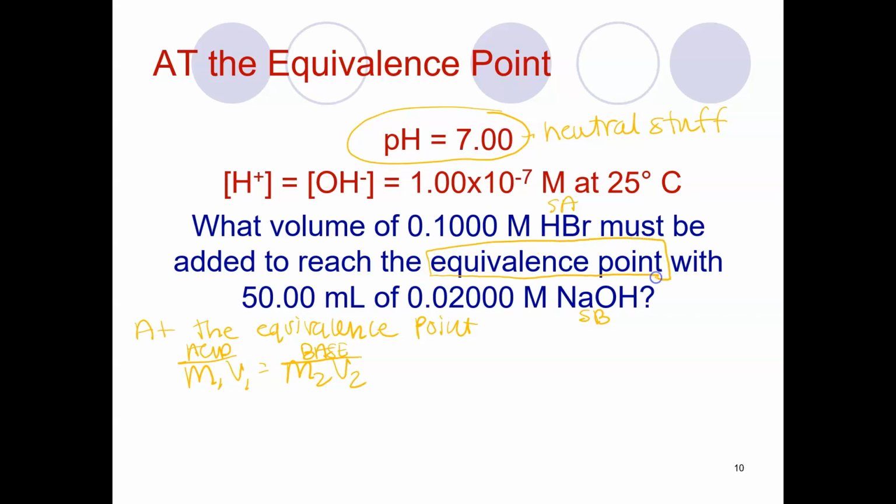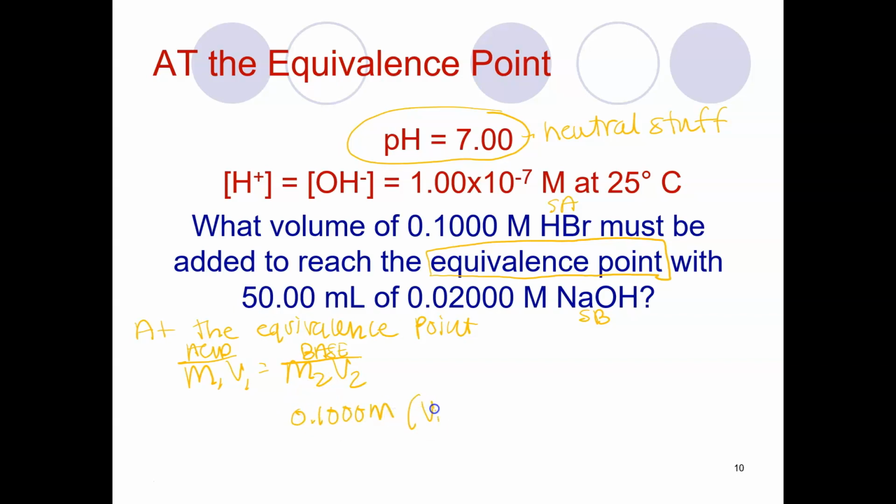This was true in our weak base lab, and it's going to be true in our weak acid and weak base lab when we had to solve for the molarity of the weak acid or the weak base. We use this equation. So in this question, we're just solving for the volume, the V, of the acid. So I'm just going to take the three numbers given in the question and plop them in here. The molarity of the acid is 0.1000 molarity.